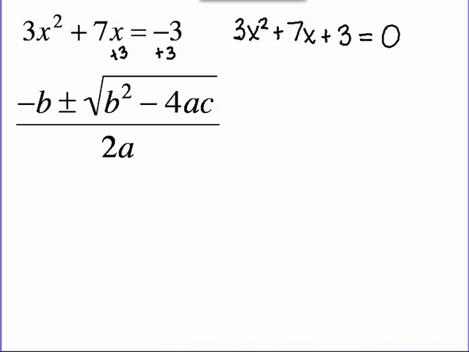So, 4AC. Stop. So your answer is negative 7 plus or minus the square root of 13 over 6.